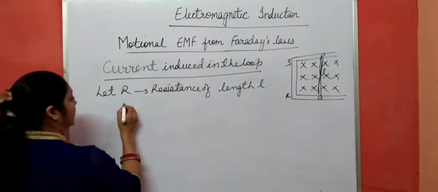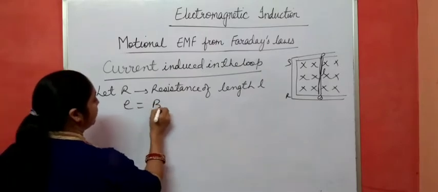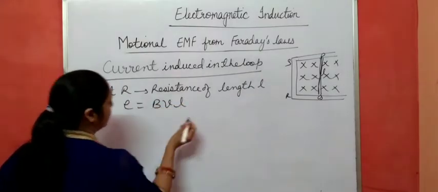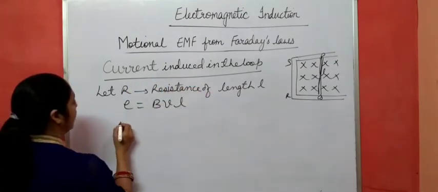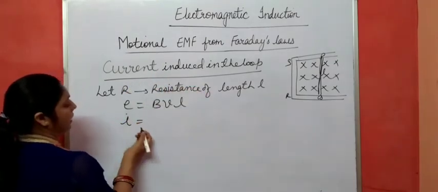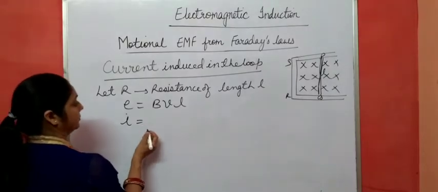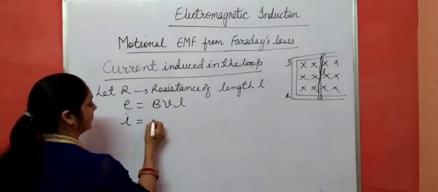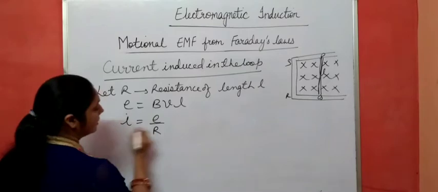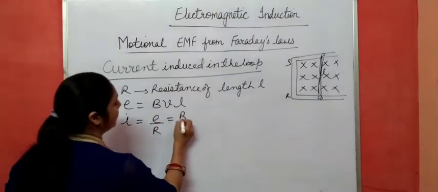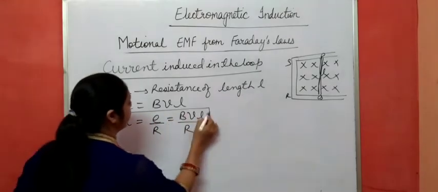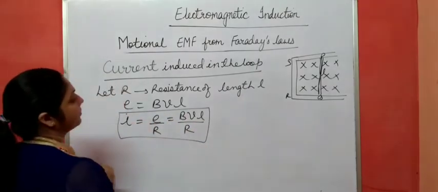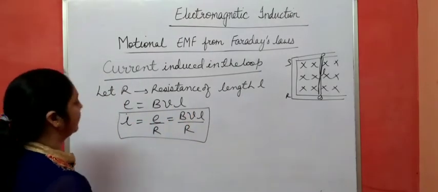And you know the EMF induced is BVL. So what is the induced current in the loop? I induced equals, according to Ohm's law, E by R, and this E is BVL by R. This is the expression for induced current in the loop, right?